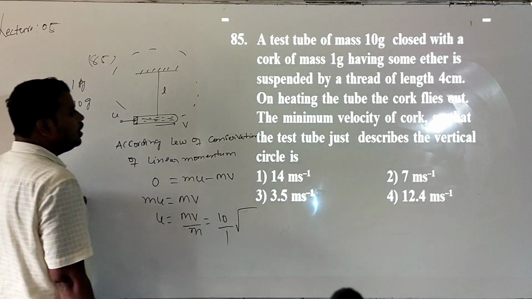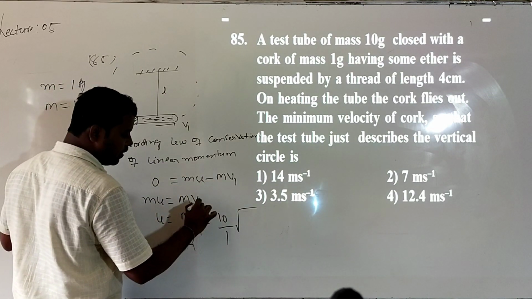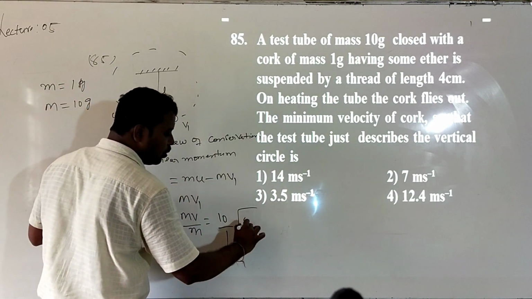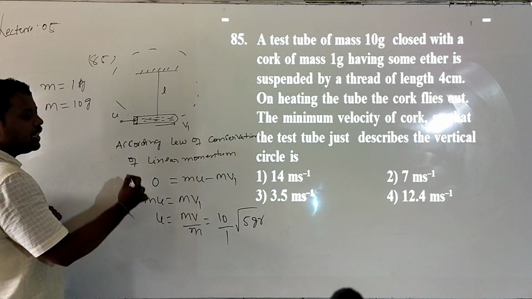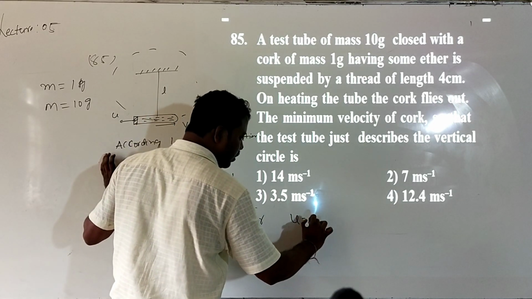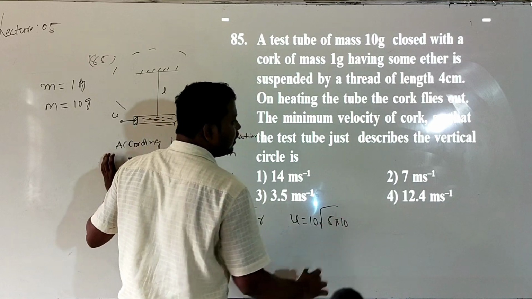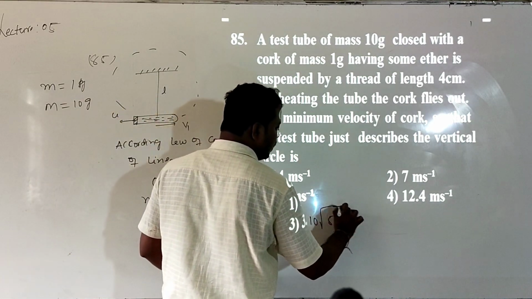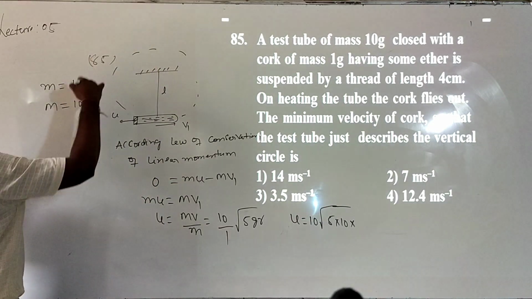To execute the vertical circular motion, what is the velocity at the lower end? That velocity will be equal to root over 5 g r, where r is the radius. So u is equal to 10 into root over 5 into g into r. What is the radius of this vertical circle?